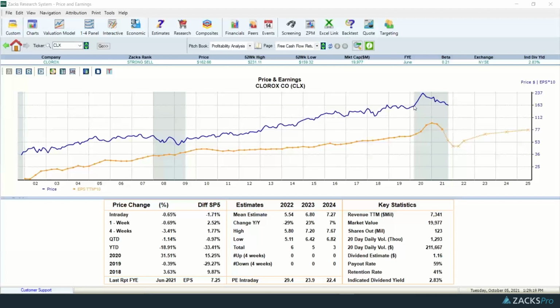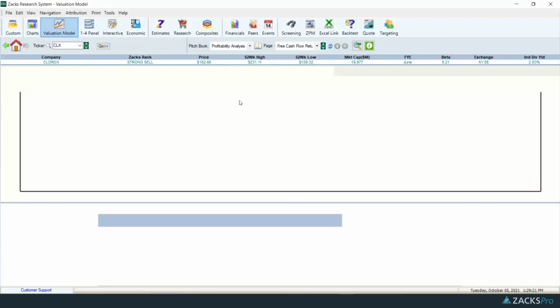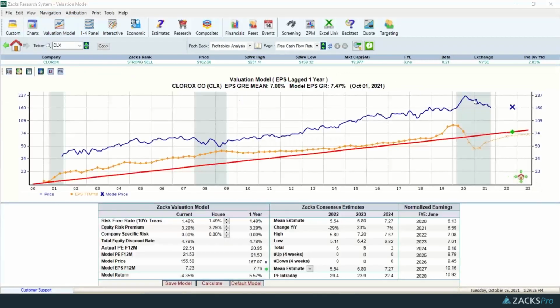In the case of Clorox, the interesting thing to note here is if you pull the valuation model up, right, the question was, hey, shouldn't we have sold Clorox up here at the top? Well, I mean, perhaps, and hindsight is always 20/20, but isn't the fact that Clorox rising here and the fact that Clorox has always been a member of the earnings certain family of equity model portfolios, this is what it's designed for, right?